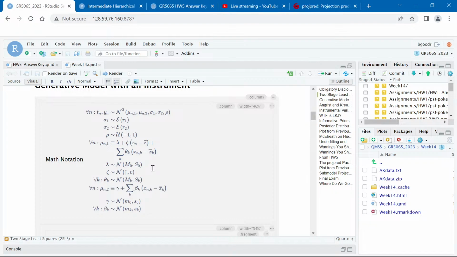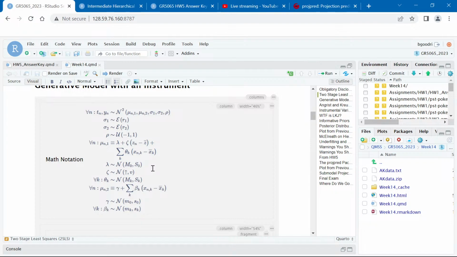You can center it, whatever, so you can interpret lambda as the expected treatment variable when all the predictors, including the instrument, are average as opposed to when they're all zero. And then a weighted sum of the other predictors with coefficients theta.